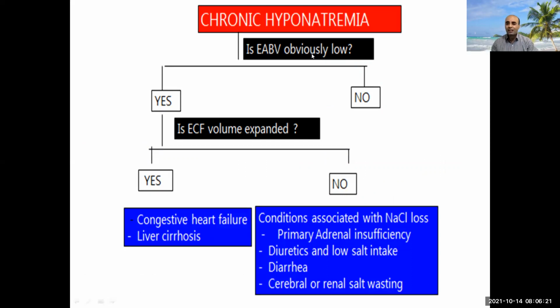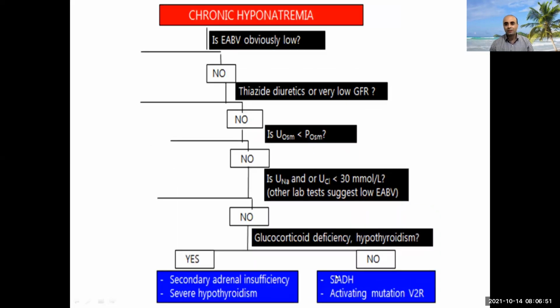If your patient is actually volume depleted, we check whether the extracellular fluid volume is expanded or not. If expanded, we go to the algorithm for heart failure and liver cirrhosis. If my patient is not edematous and is volume depleted, we go to primary adrenal insufficiency, diuretics, low salt intake, diarrhea, especially gastroenteritis, and cerebral salt wasting, already discussed in detail in the previous presentation.